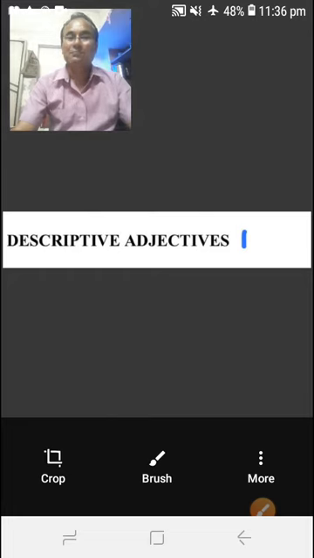The second example: you look smart in a blue suit. Suit is a noun and blue is an adjective, adjective of quality or descriptive adjective. So this is called descriptive adjective. Now let's move to the next.